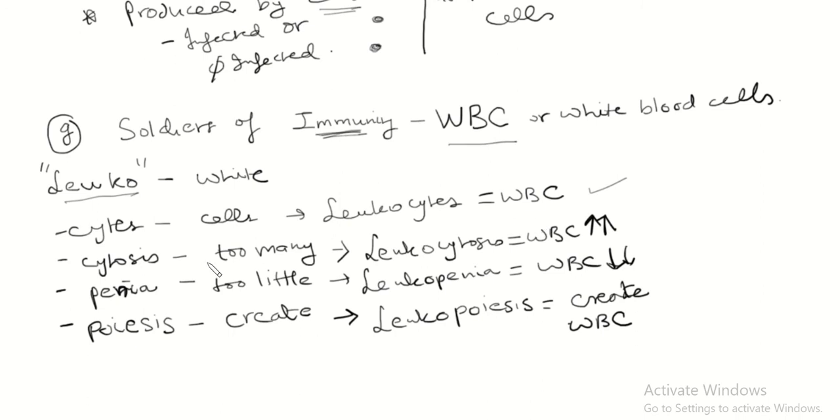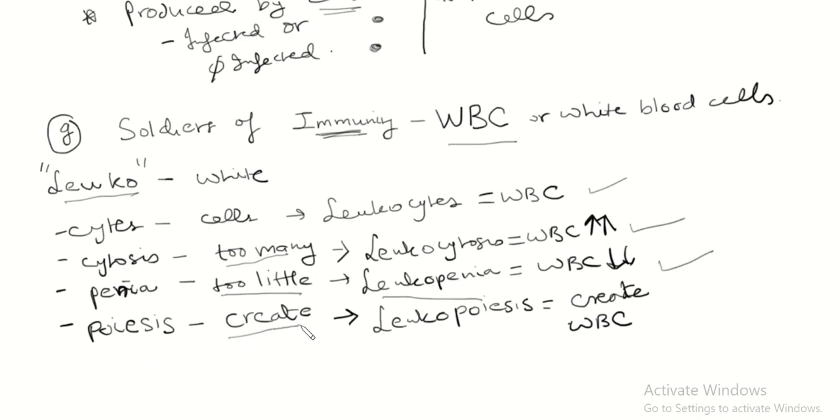Cytosis means increased number. So an increased number of white blood cells is leukocytosis. Penia means decreased number. So what's a decreased number of white blood cells? Leukopenia, decreased numbers of white cells.